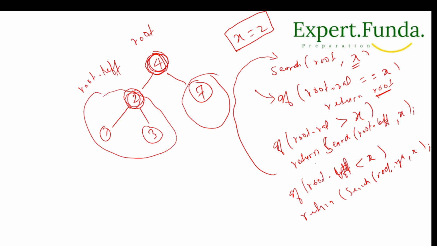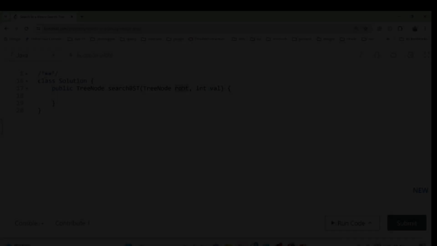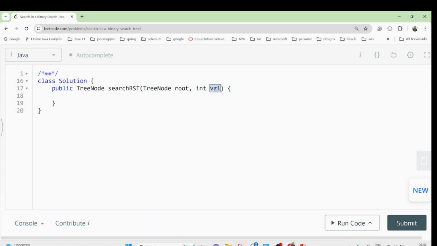Similarly, if these 3 cases are not matching, meaning our data is not in the tree, we return null. And that is done. In this way we work on the binary search. We have been given root, and the value x that we are searching for. This is your searchBST and this is TreeNode.